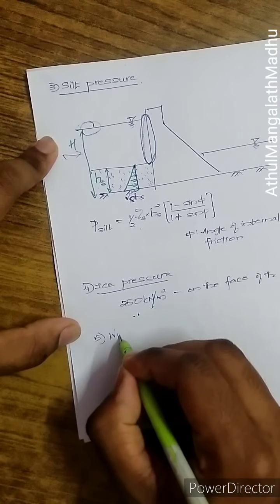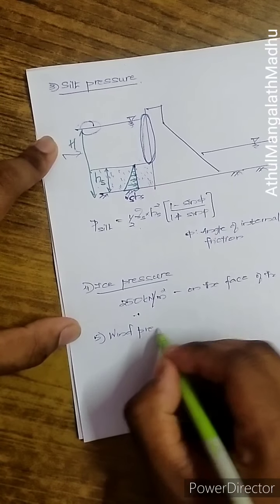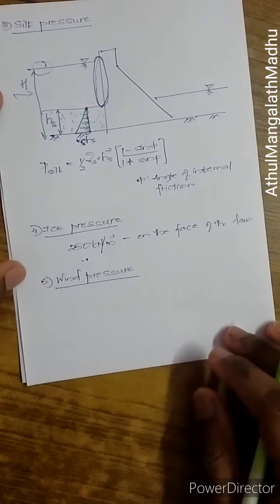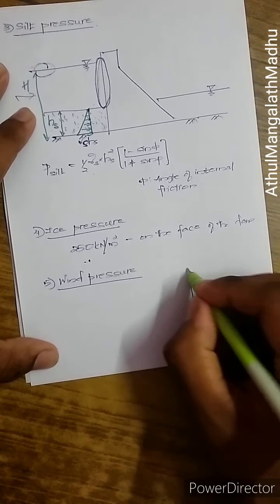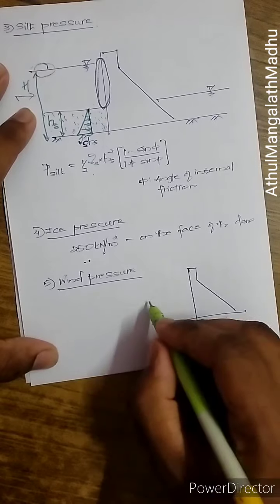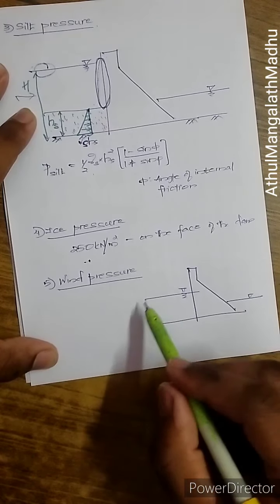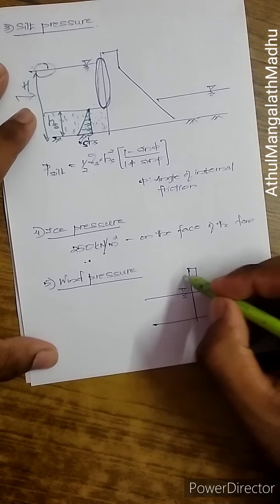Similarly, if I take the wind pressure, see, if I draw a figure for the dam, and you have water up to this much height, it's not full. Wind will be exerting a pressure on this exposed area.